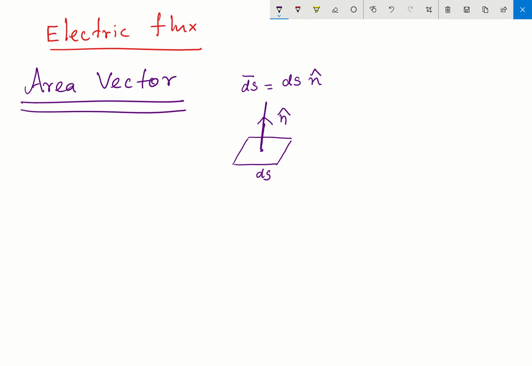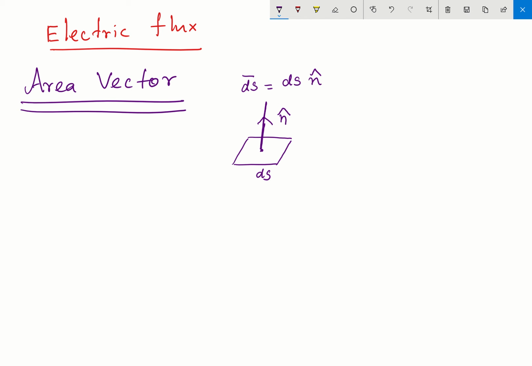So the ds vector is equal to magnitude ds times a unit vector drawn in the direction of the outward normal. Unit vector along the outward normal is nothing but the direction of area vector.